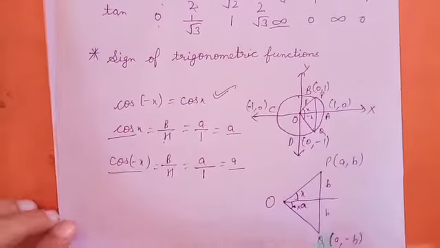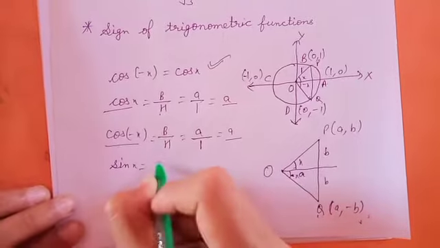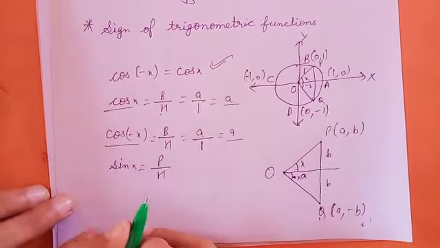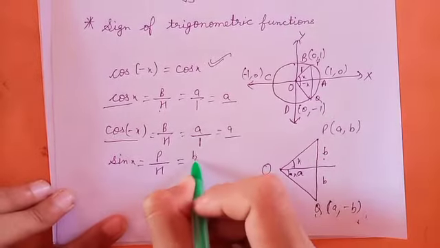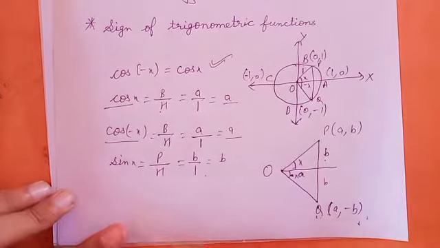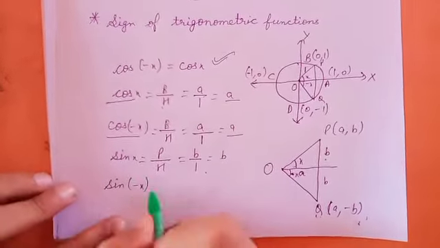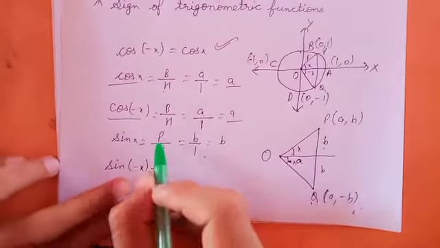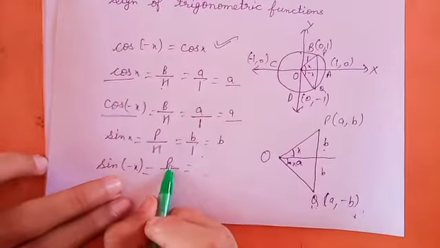Now we talk about the sine angle. What is sin x? Sin x is perpendicular upon hypotenuse. What is perpendicular here? Perpendicular is B. It becomes B by hypotenuse, which is 1. It is B. Okay. Now we talk about the negative angle. That becomes perpendicular by hypotenuse. What is our perpendicular here?